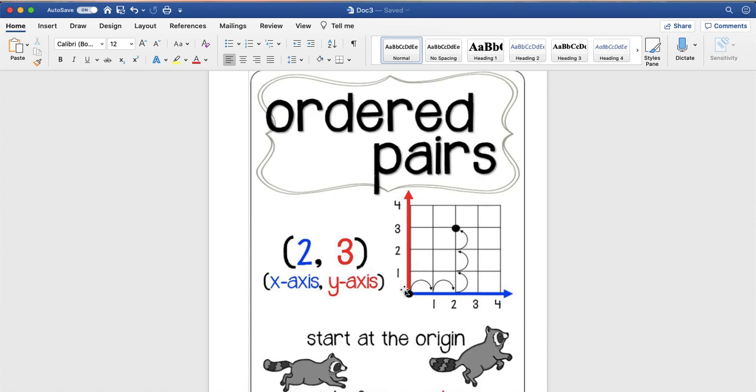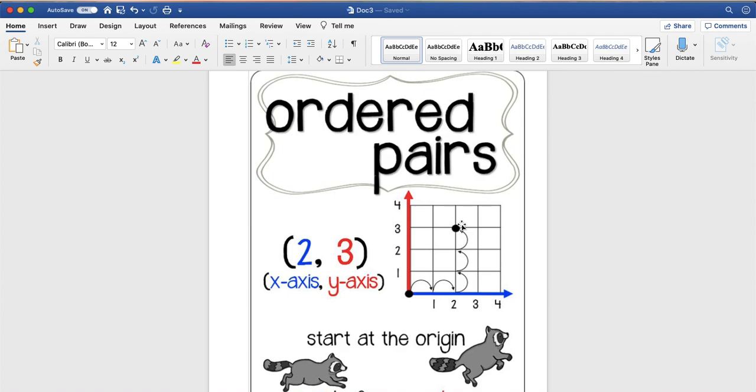Just like if you are at home and you want to get to school, you need to know directions of how to get to school, or else you won't know how to get there. That's exactly what we're doing here. It's the directions from the origin to the points that are plotted. So this is just one example.